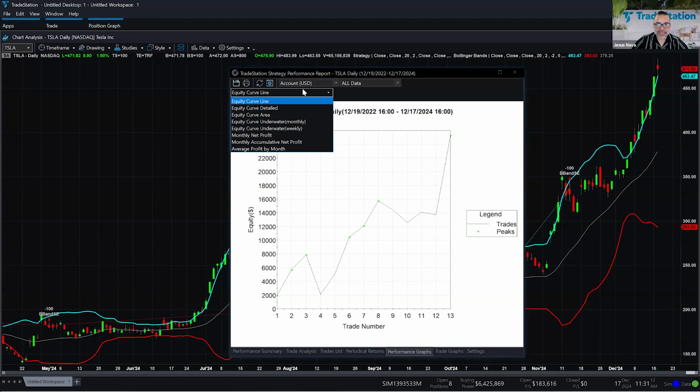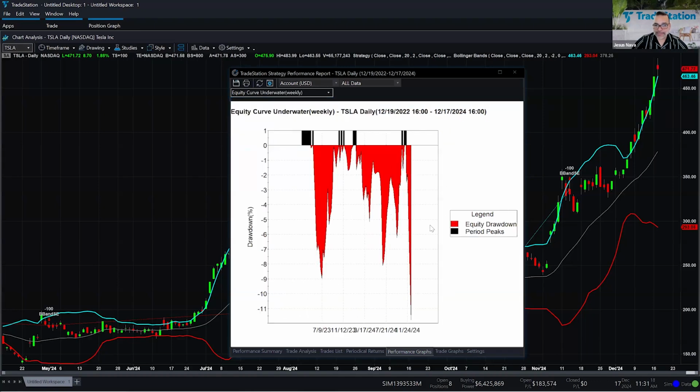There is a graph here called equity curve underwater weekly. Take a look at this graph because it's very telling. I know that we're not talking about performance graphs, but this is a graph that I look at because it actually tells me when my heart is bleeding. When you're trading, you're very committed, you're very emotional, but when you start losing money, that's painful.